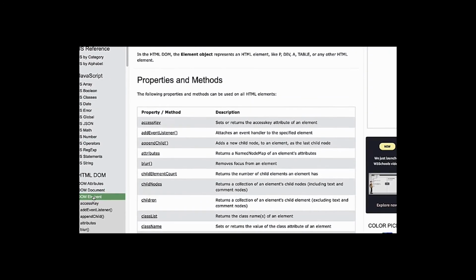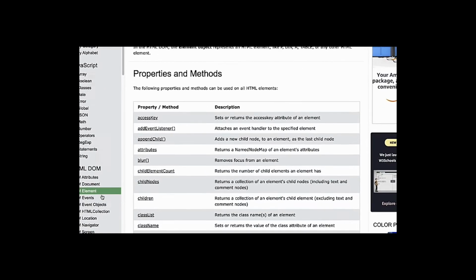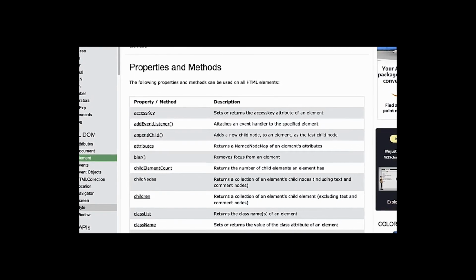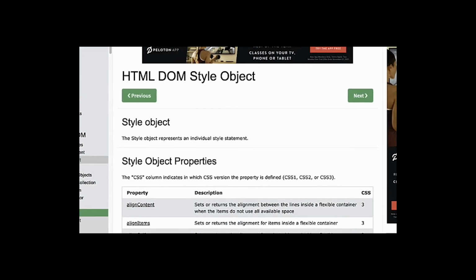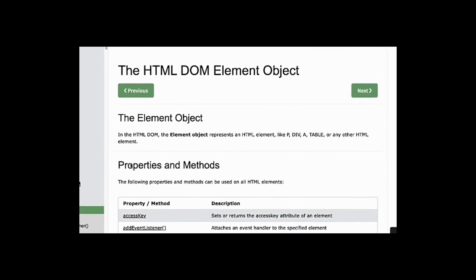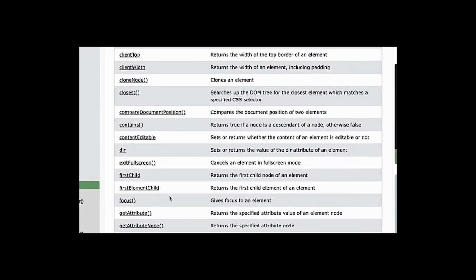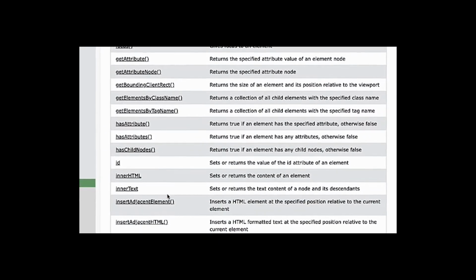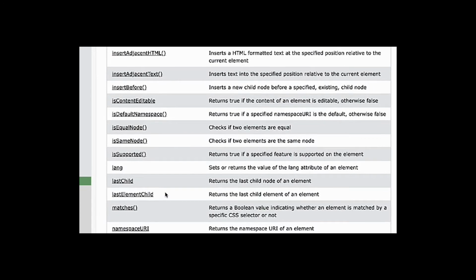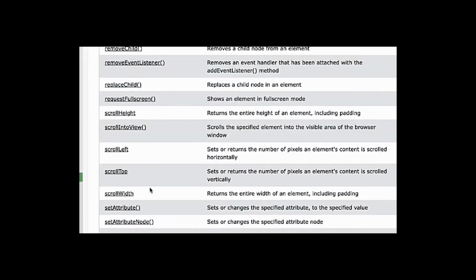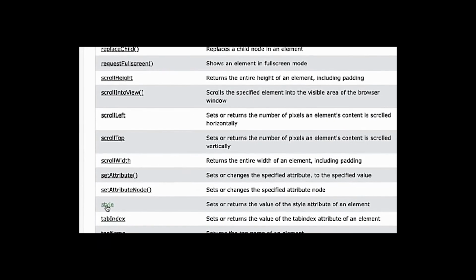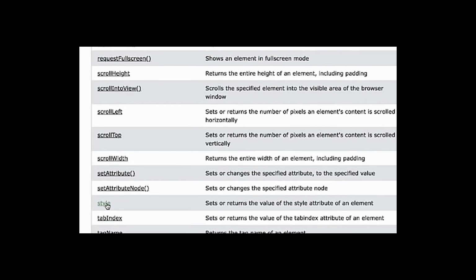Another DOM that I'm interested in using is the style, the DOM style. All right, before I move out of the DOM element, let me show you the style property. I had forgotten about the style property. Here towards the bottom is a style property right here.